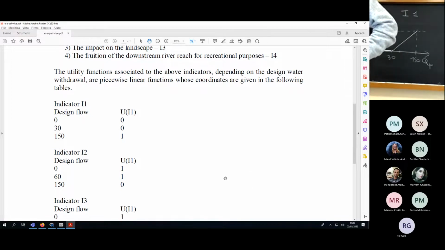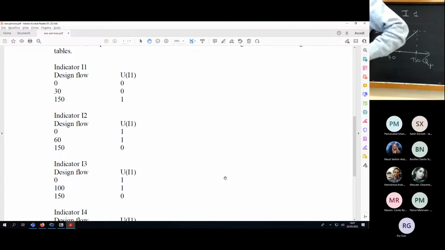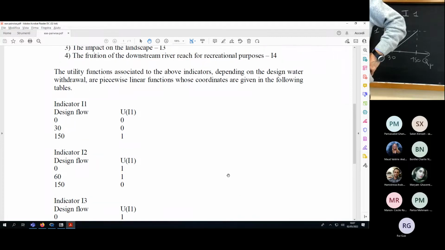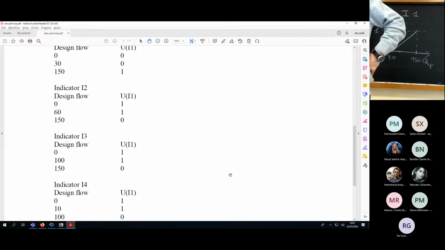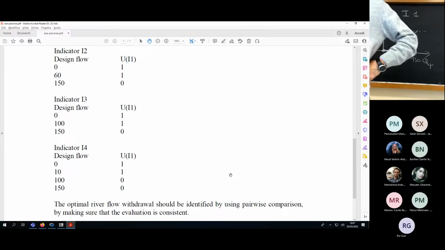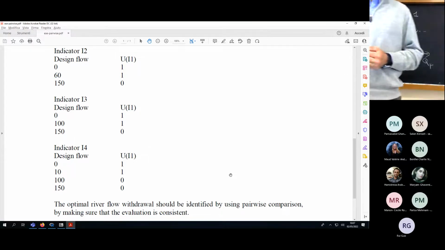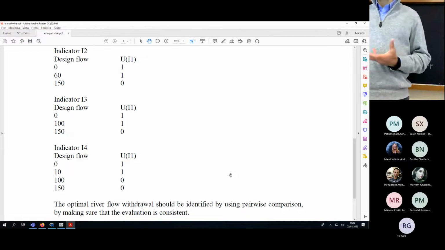I3 is the impact on the landscape, and in this case as well, the utility function has the max for design flow of 0. And then the fourth one is the fruition of the downstream reach for recreational purposes. Again, max of utility for design flow of 0.